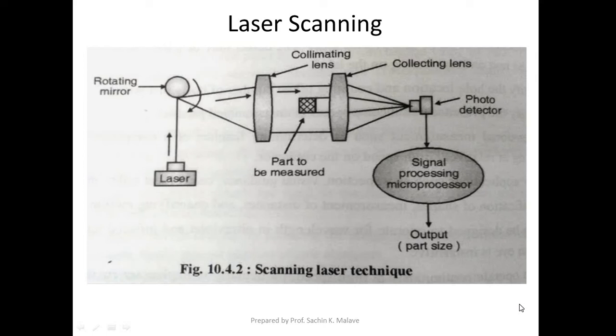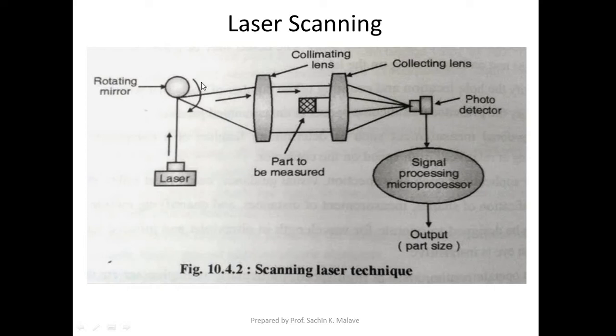As you can see, it is similar to the laser diameter gauge. Scanning laser technique: laser scanning systems are measuring and gauging systems, as we have seen, that use low energy lasers. In this setup, this is the source of the laser. Then this is the rotating mirror.